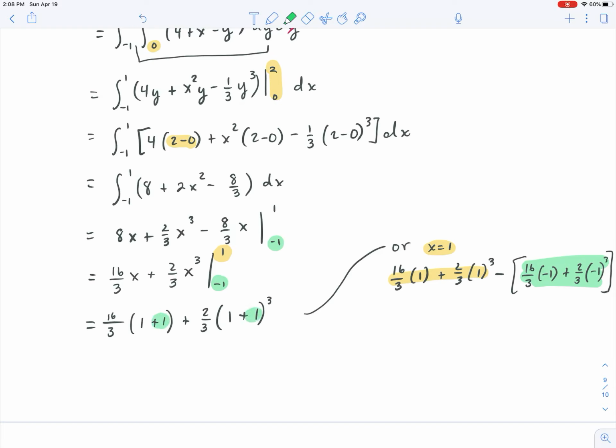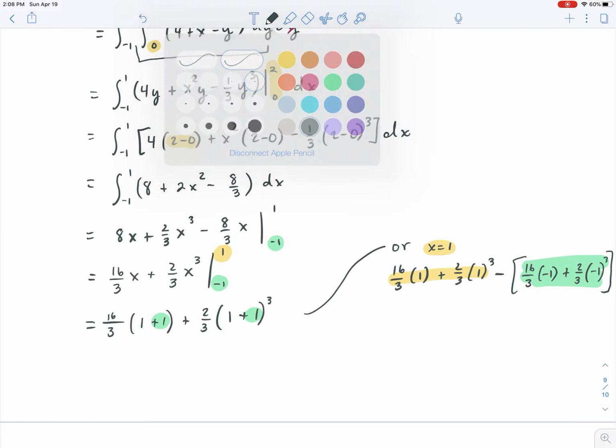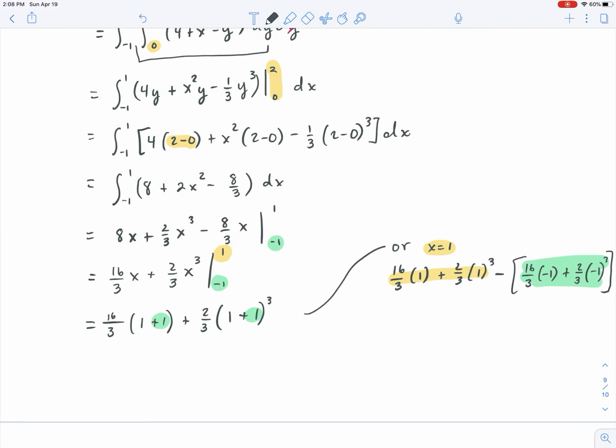We should get the same thing either way, just changing the order that the addition happens in. So this is 2 times 16 thirds, which is 32 thirds. And then this is 2 times 2 cubed over 3, so that's 16 thirds. And 32 and 16 is 48 thirds.